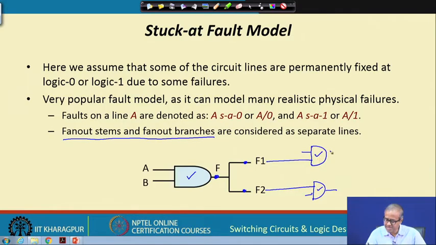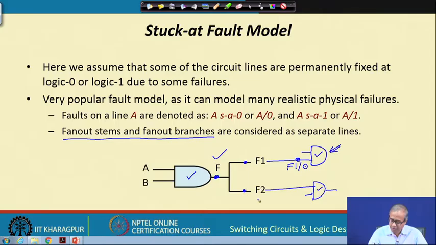But imagine that there is a fault in this gate, because of which this line, let us call it F1, is stuck at 0. This is not an electrical fault, but because of a fault this gate input is being treated as if it is always at 0.